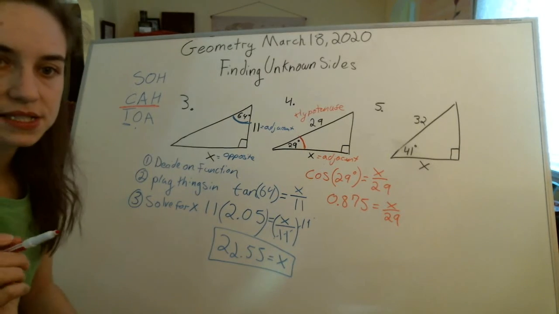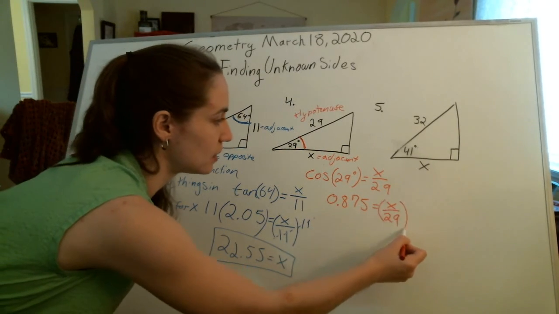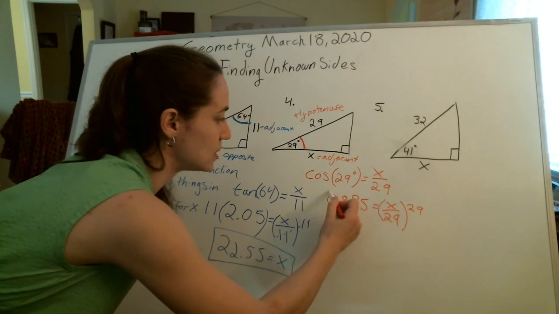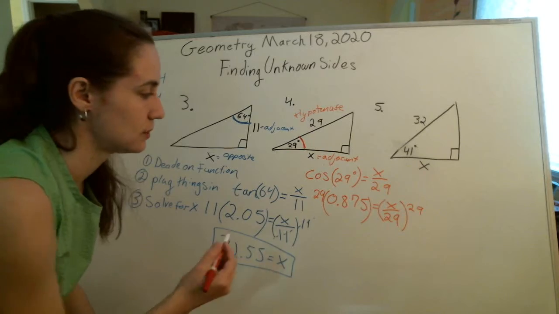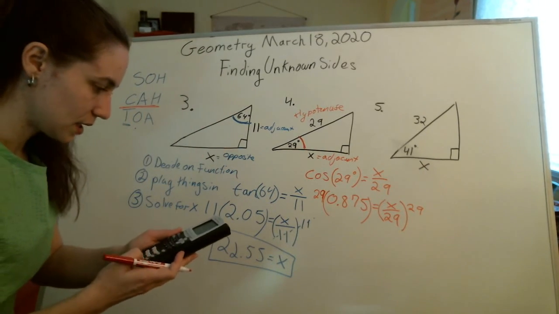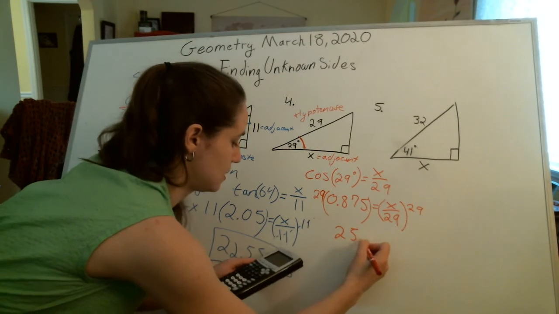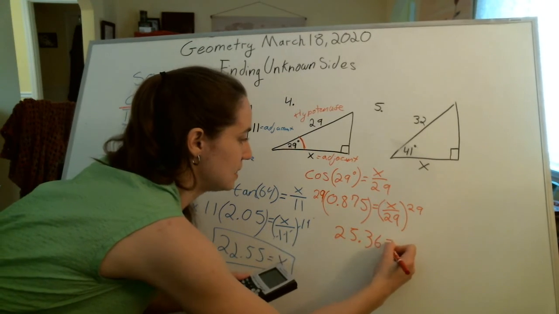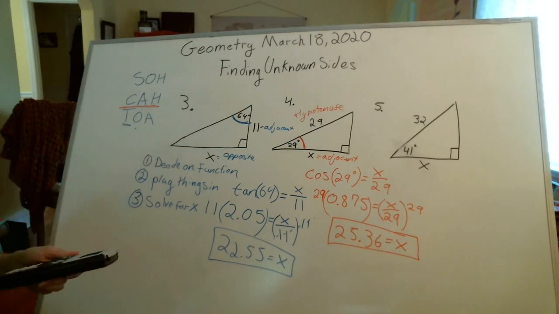Just like last time, we multiply by that denominator, so multiply both sides by 29. It's a 9, not a 4, I promise. Times 29, and I get 25.36 equals x, and I am done.